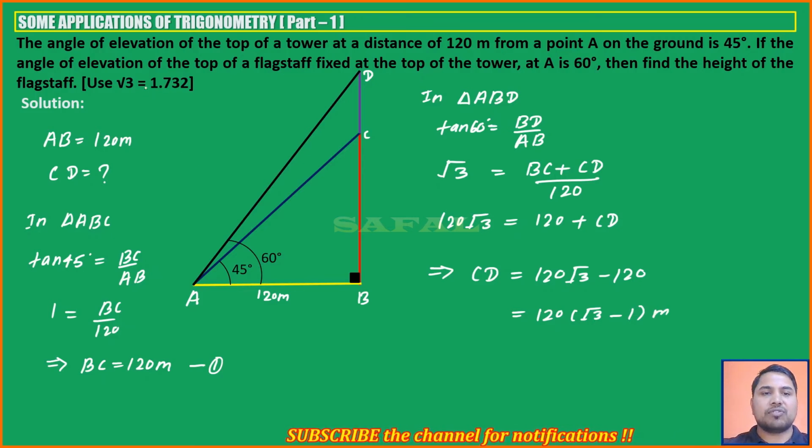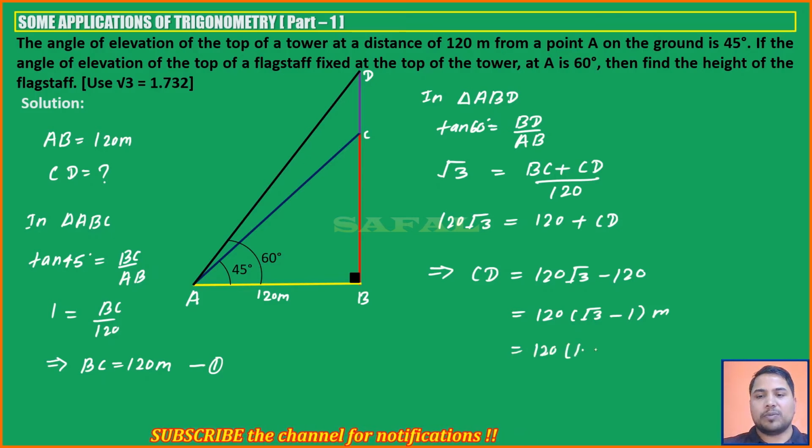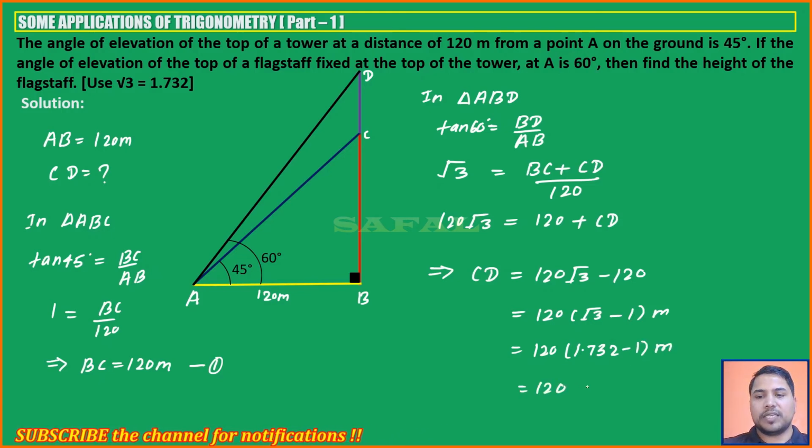Now the value of root 3 is given to us as 1.732. So 1.732 minus 1 meter. So this is going to be 120 into 0.732.